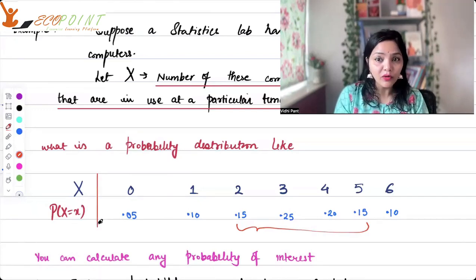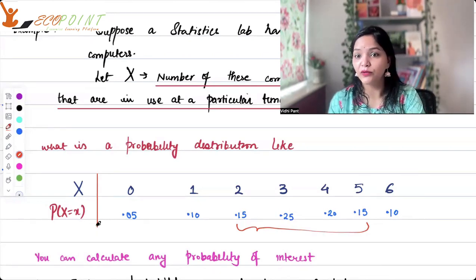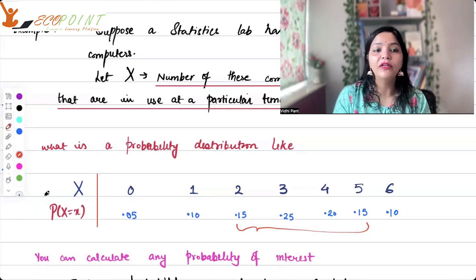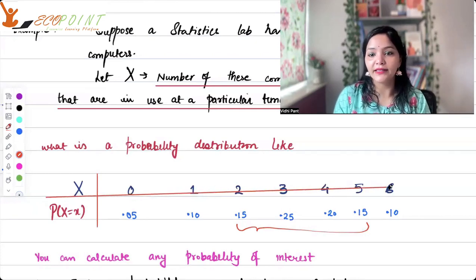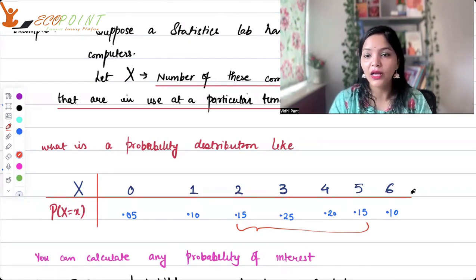Now, when I say your distribution is correct, that means you have taken all possible values of x. Now, if you've taken all possible values of x, that means you must have distributed all outcomes in the given sample space, whatever it could have been.